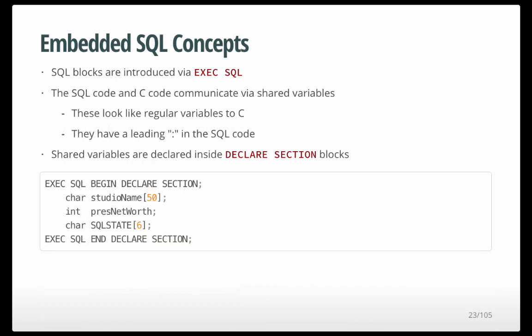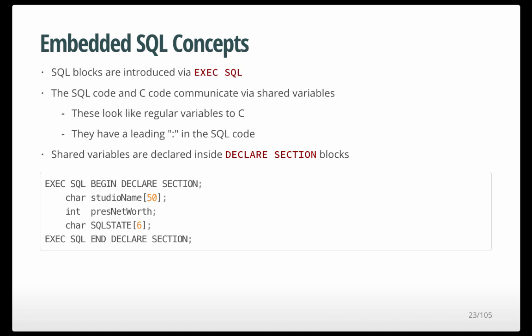Now, let's look at that in a little bit more detail. All of the SQL blocks are introduced via the keyword EXEC SQL. Okay, so we have EXEC SQL, and then it's either a single statement or a BEGIN END block. So here we have EXEC SQL BEGIN DECLARE SECTION, and 4 lines down is EXEC SQL END DECLARE SECTION. Inside of that, what you see is just regular C code.